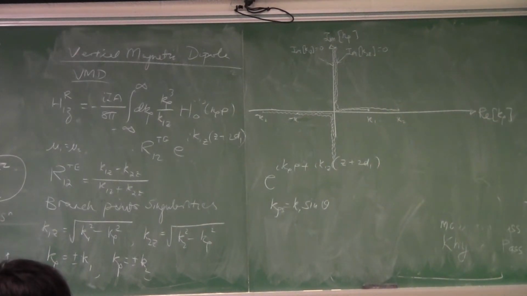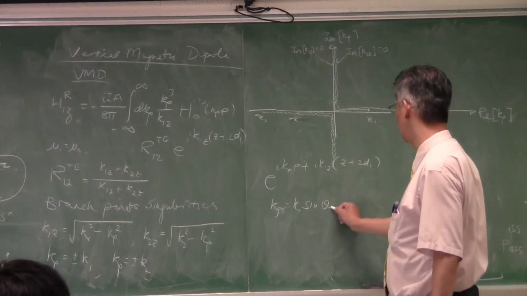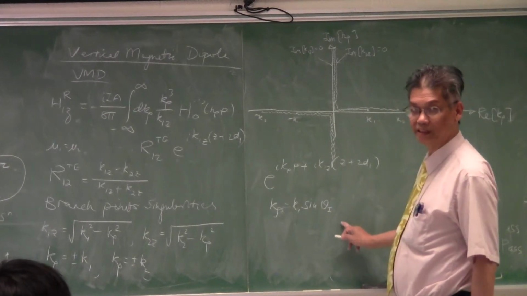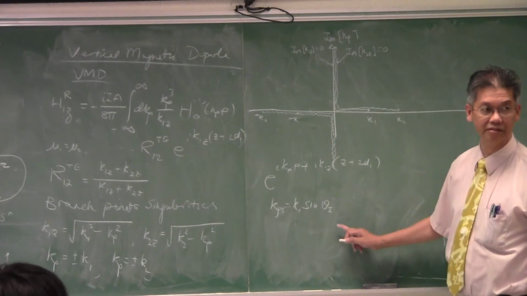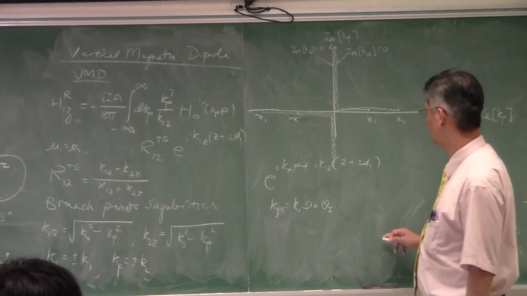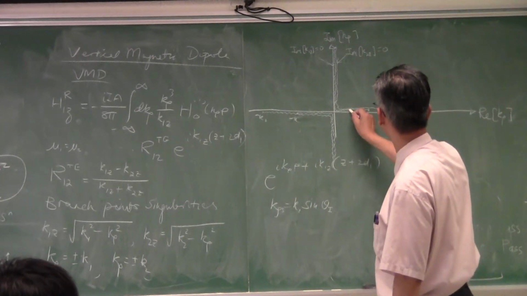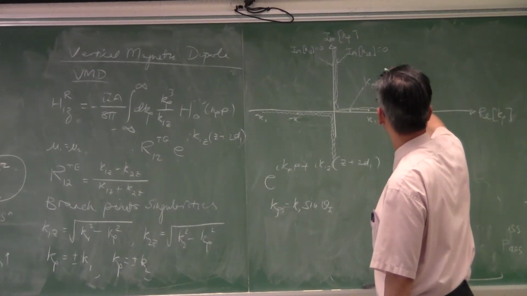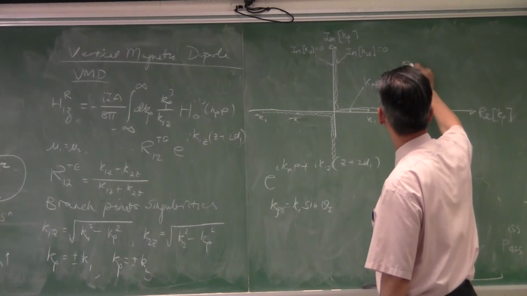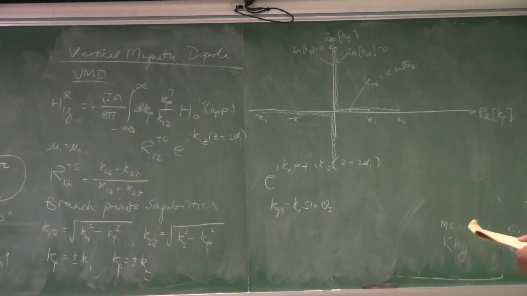We did that. And let's call this theta i. Okay, we did that before. Does everybody remember this? Right? So it should be somewhere less than k1. Okay.